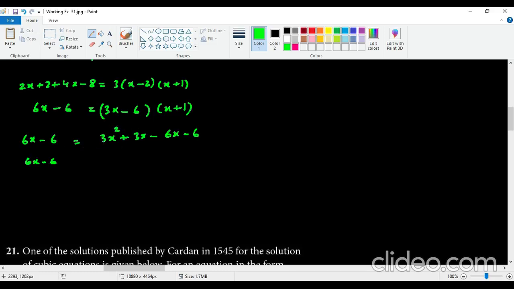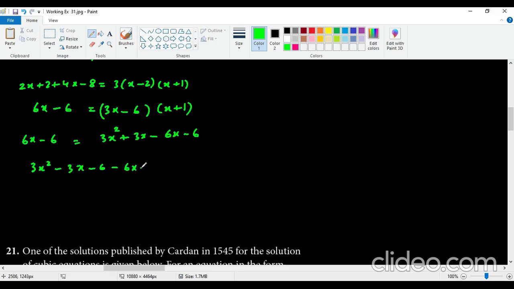So what we will get is 3x squared plus 3x, and minus 3x is going to give us minus 3x minus 6, and this 6 will come from the other side and becomes minus 6x and plus 6.